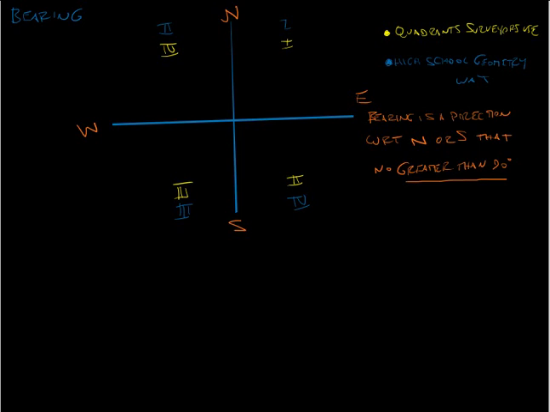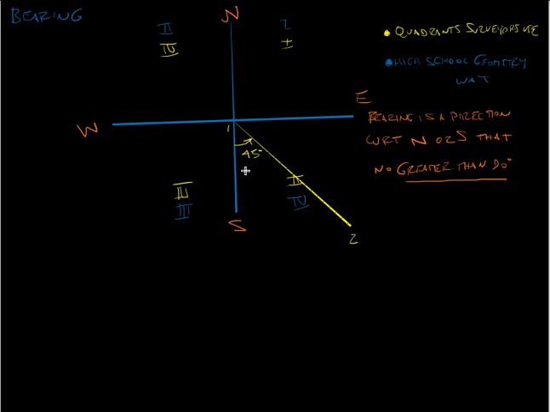So I'm just going to give an example. I'm going to say at the origin out to here is a line I'm saying is point 1 to point 2. And this angle here is 45 degrees.